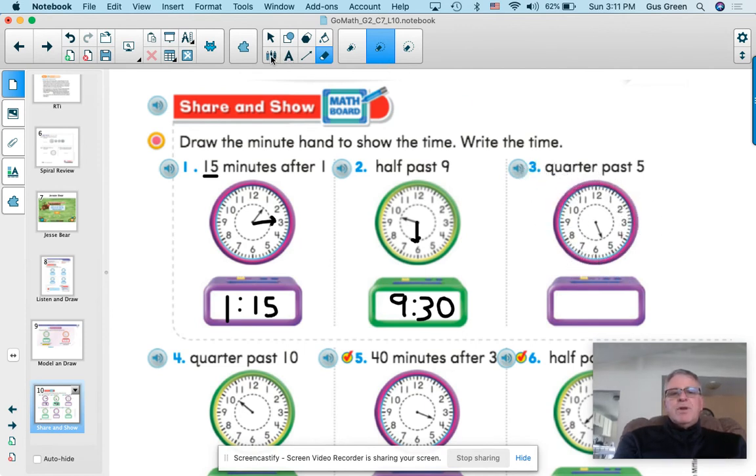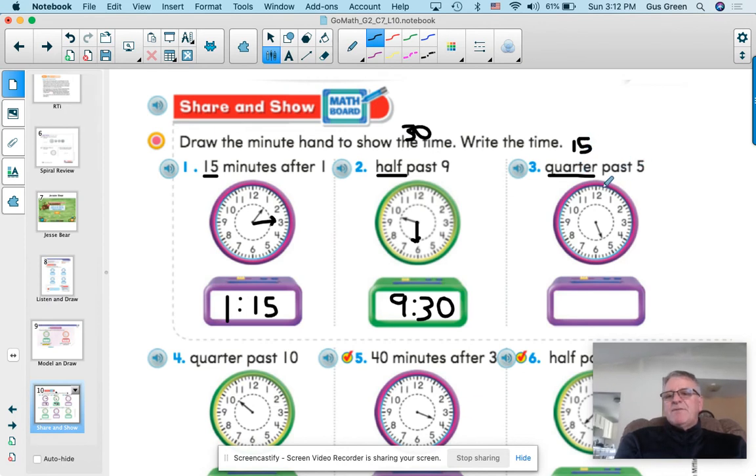So for this one, a quarter past 5 o'clock, you have to remember, half of an hour is 30, a fourth or a quarter of an hour is 15. So a quarter past 5 is the same as 15 minutes past 5. So remember, each number takes 5 minutes for the minute hand to move between them. So it'd be 5, 10, 15, right at the 3. Just like that. That would be 5:15 when we write it, but people will sometimes say quarter after 5.